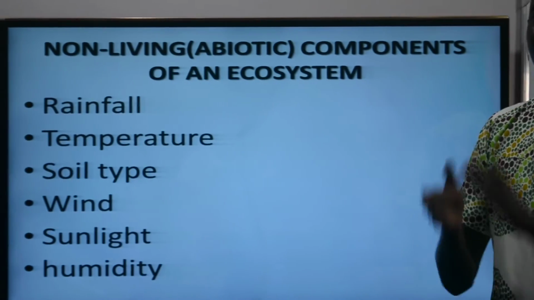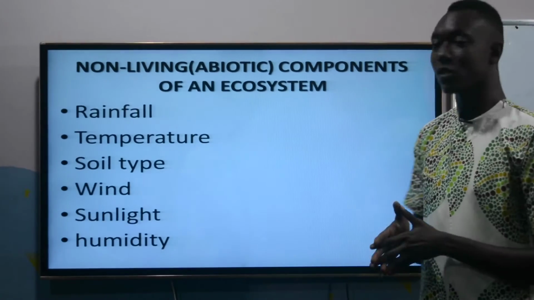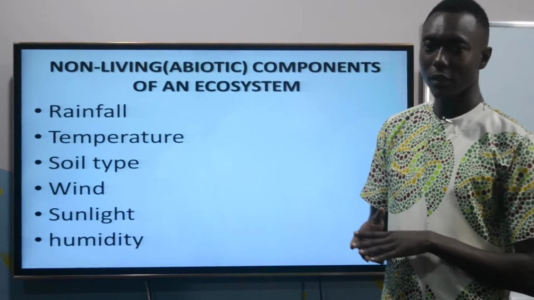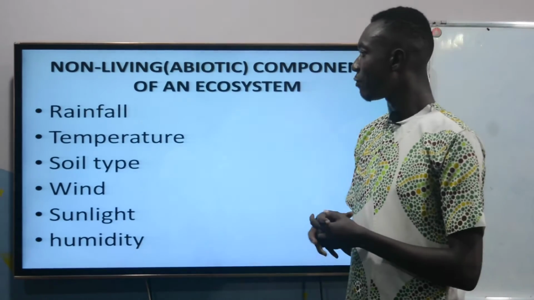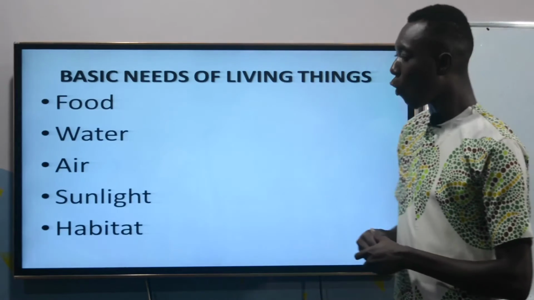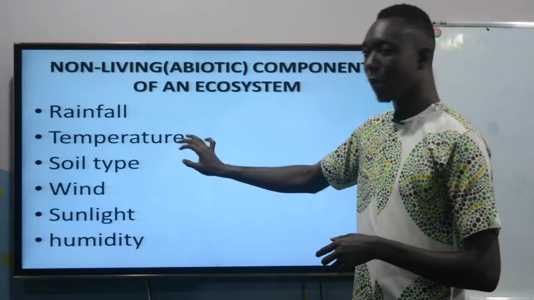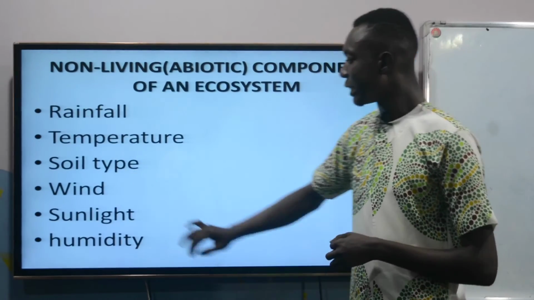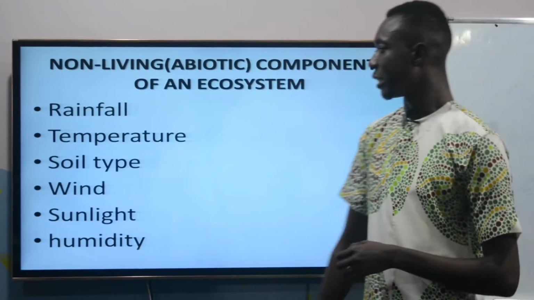Let us look at some non-living components or abiotic components of an ecosystem. For those things, they do not have life. Examples of such components found in an ecosystem are rainfall, temperature, soil type, wind, sunlight, and humidity.